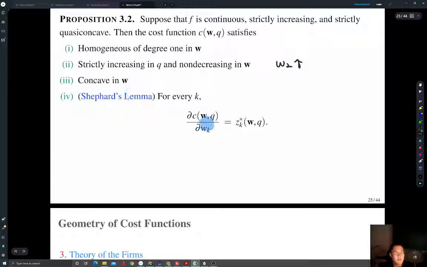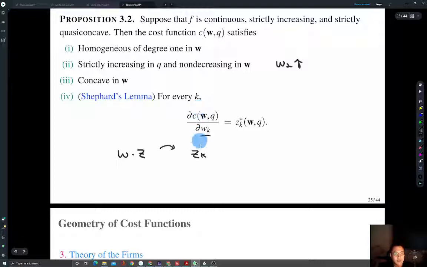Okay, and finally, Shephard's lemma. Just as if we take the derivative of expenditure function with respect to price, we obtain the Hicksian demand, if we take the derivative of cost function with respect to input price, say input price for K, then we obtain the conditional demand for input K. That is immediate from the envelope theorem again, because the way to find the partial derivative of the value function, we take the derivative of the objective function with respect to W_K. Because the objective function is W dot Z, its partial derivative with respect to W_K gives me Z_K.